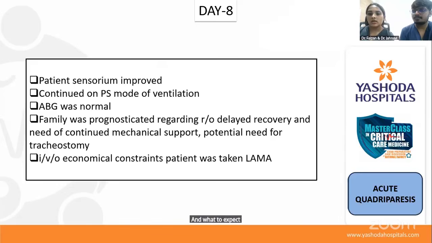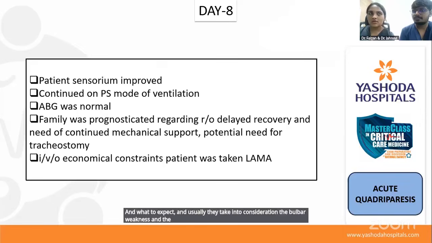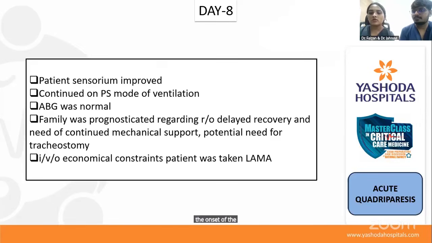And usually, they take into consideration the bulbar weakness, the onset of the bulbar weakness, the progression of the muscle weakness, and the MRC scoring.